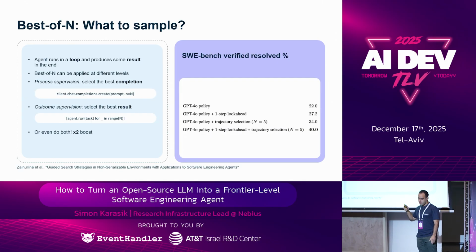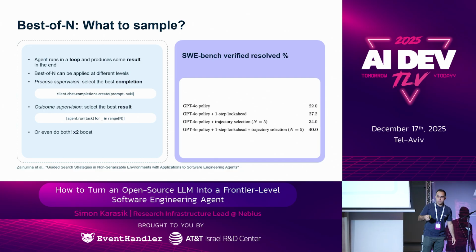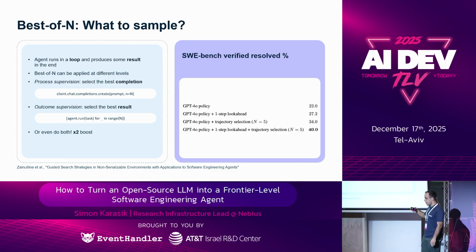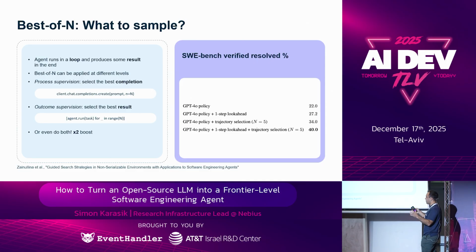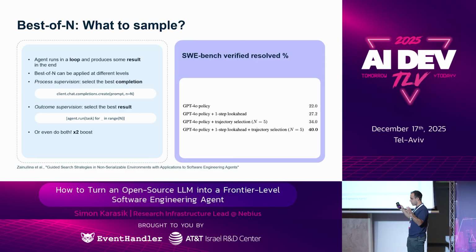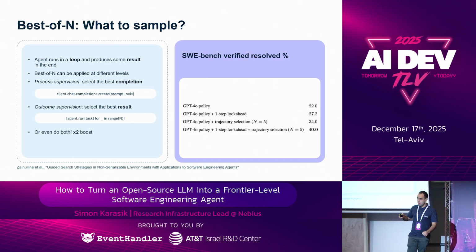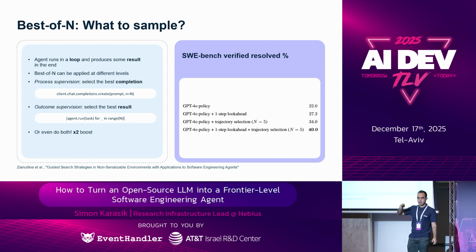And the great feature of this approach is that it can be applied on different levels of the agent. You can use this technique inside the loop when you are actually trying to generate completions from a language model and select the best action, like the best command to execute in a bash terminal. Or you can also run the whole agent end-to-end several times.